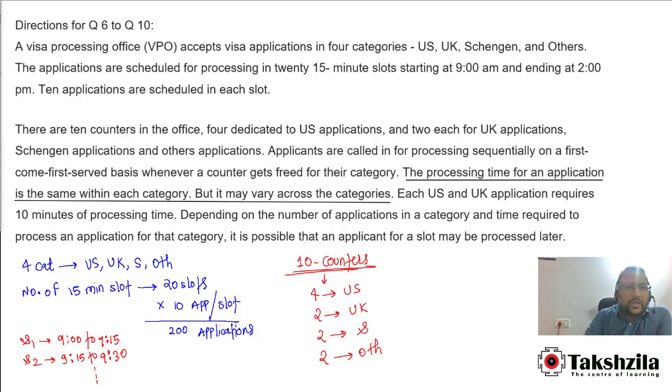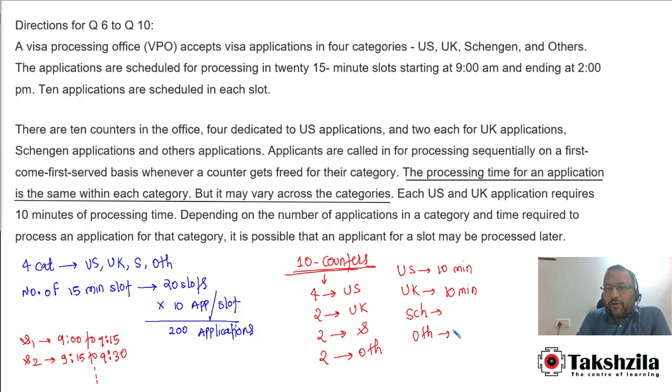For example, in the next statement, it is given that one application for the US requires 10 minutes, and one application for the UK again requires 10 minutes. For the Schengen visa and the other country visa, the data is not given. That we need to find out.